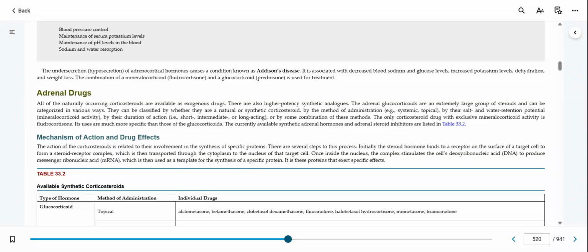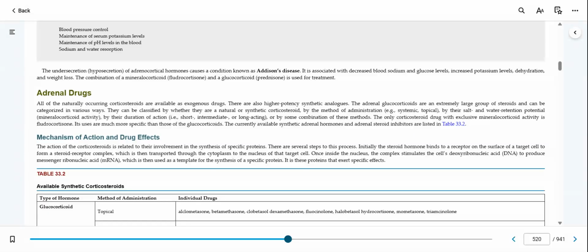The glucocorticoids also promote the breakdown of protein and the production of glycogen in the liver and the redistribution of fat from peripheral to central areas. In addition, they have the following effects on various bodily functions. They increase blood sugar.